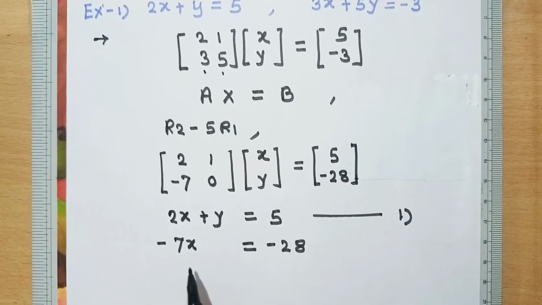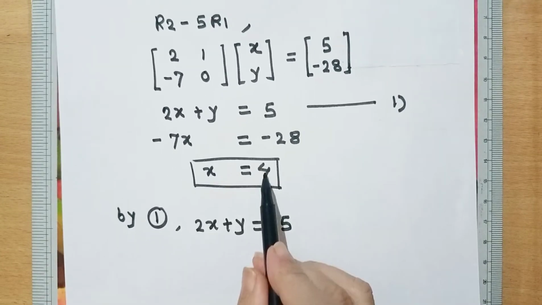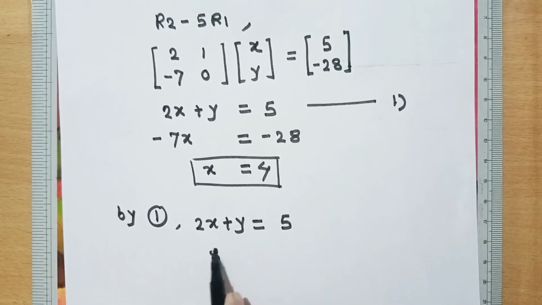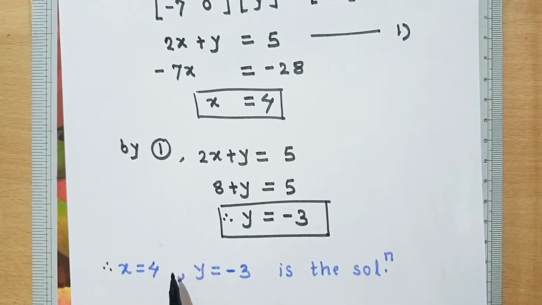Now from the second equation, dividing by minus 7, x is equal to 4, and substitute this in equation 1. We substitute 4 here. So 8 plus y is equal to 5, and therefore y is equal to, moving the 8 there, minus 3. Therefore x is equal to 4, y is equal to minus 3 is the solution of this example.